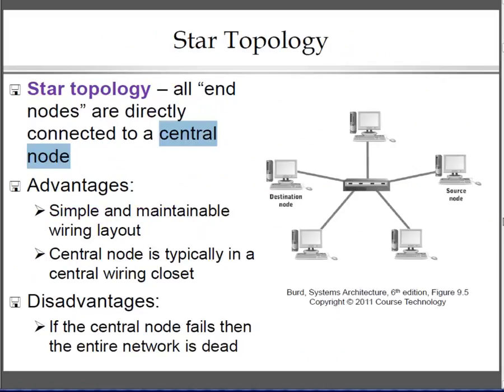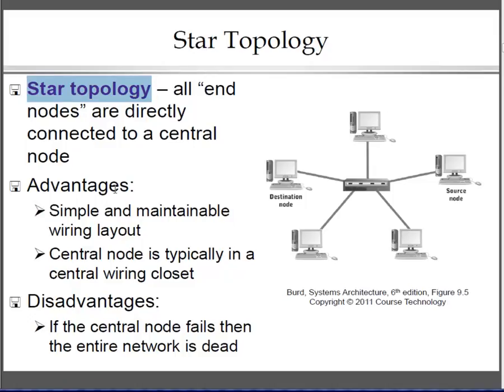Okay, so the idea in star topology is all the end nodes, think desktops, laptops, tablet computers, what have you, okay, are directly connected by wires, if you like, to some sort of central hub or switch. Okay, this is by far the most common physical topology. It's the way almost all wired networks are set up today.